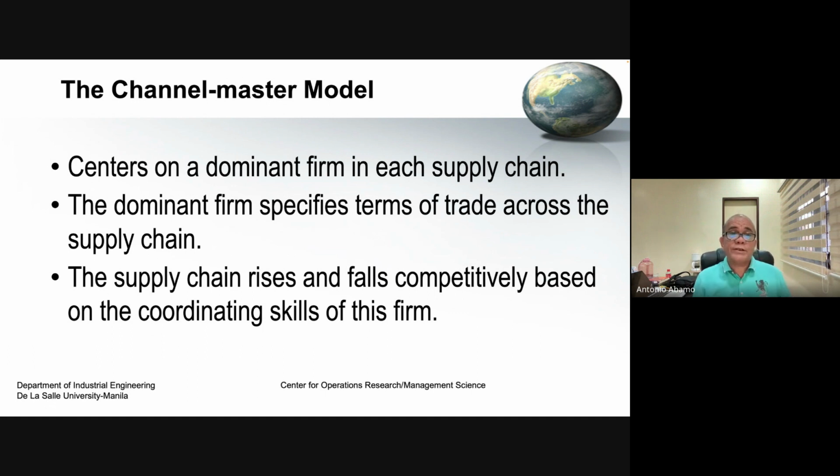Okay, just like for example in abaca industry, the dominant or shall I say the supply chain champion there is the grading baling establishments of the abaca industry. That is where the centralized grading and baling into specific standard classifying happens before it gets into the pulp mills or even sent directly to the export market.